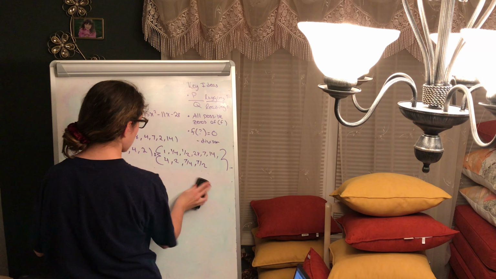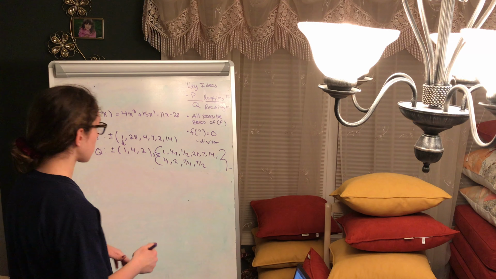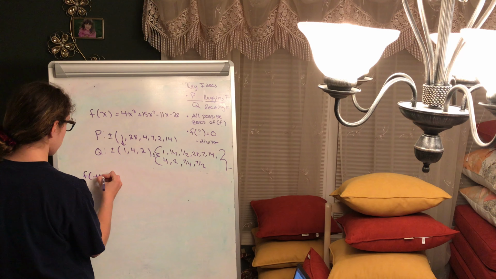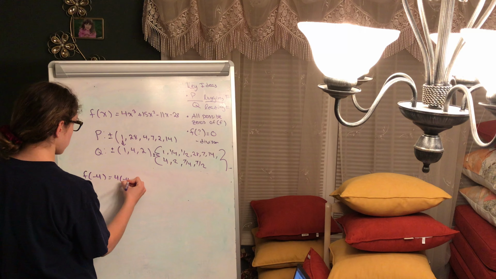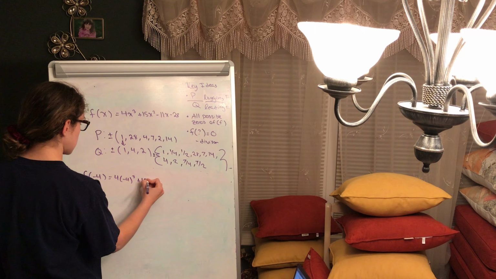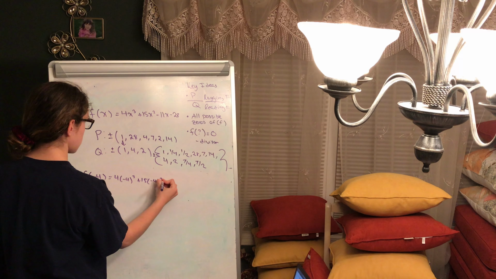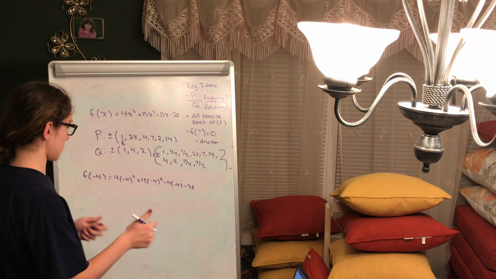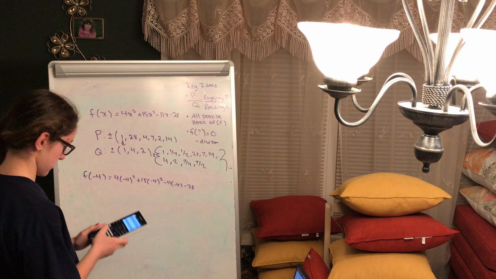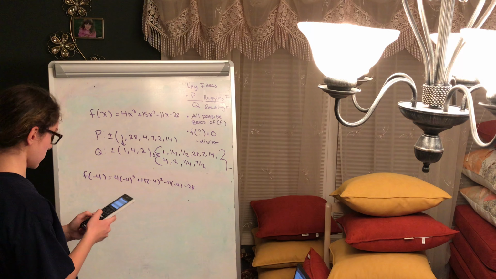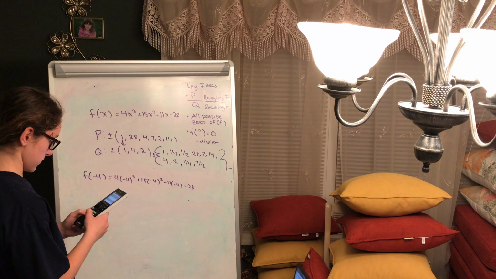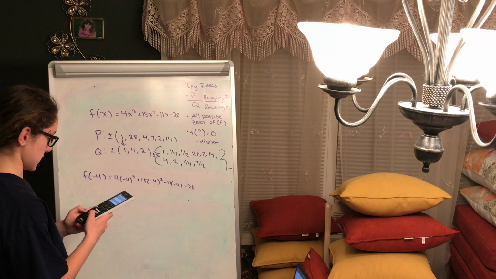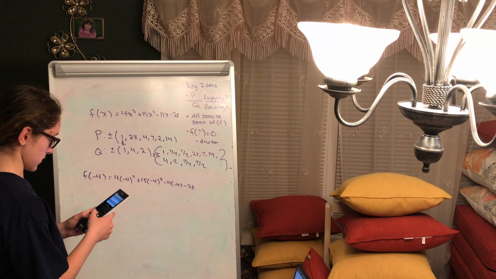So let's try -4. Okay, let's see if that's going to do anything. So f of -4 equals 4 times -4 cubed plus 15 times -4 squared minus 11 times -4 minus 28.